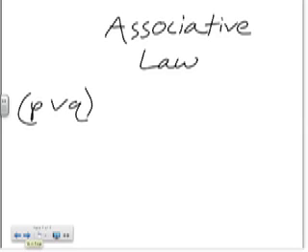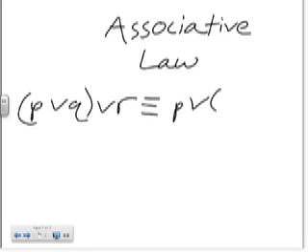The sixth law is the associative law. It states that P or Q or R is equivalent to P or Q or R, with the grouping changed.